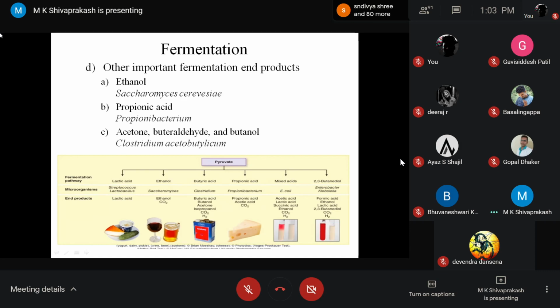Then Clostridium acetobutylicum is utilized in solvent production: butyric acid, butanol, acetone, isopropanol, and various industrial solvents. Propionic acid bacteria are utilized in the preparation of Swiss cheese, a characteristic cheese. Then mixed acids, acetic acid, lactic acid, succinic acid and so on, are utilized in the MRVP test. Then butanediol, once again in the MRVP test.